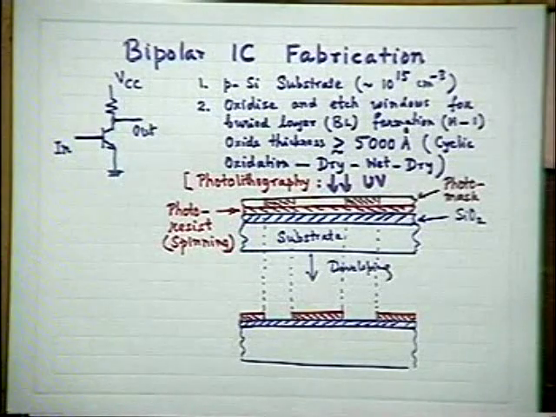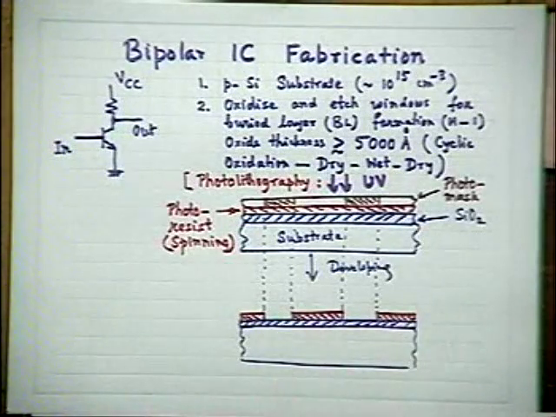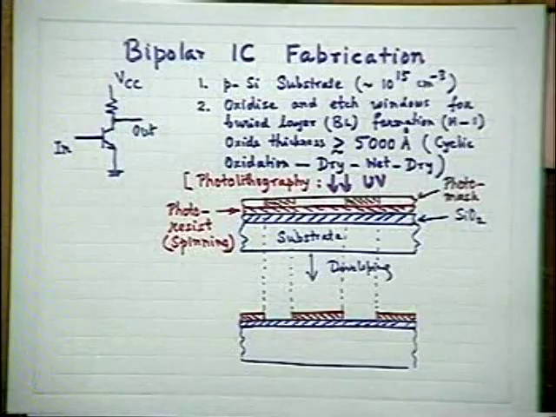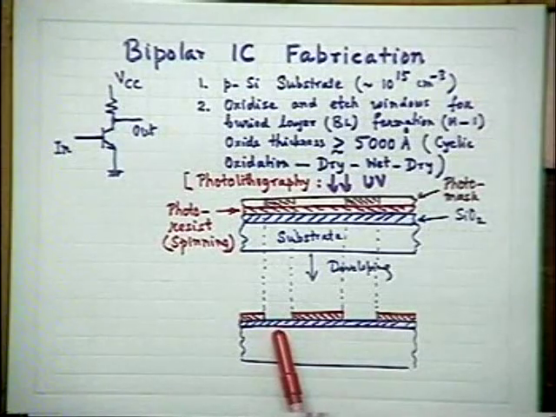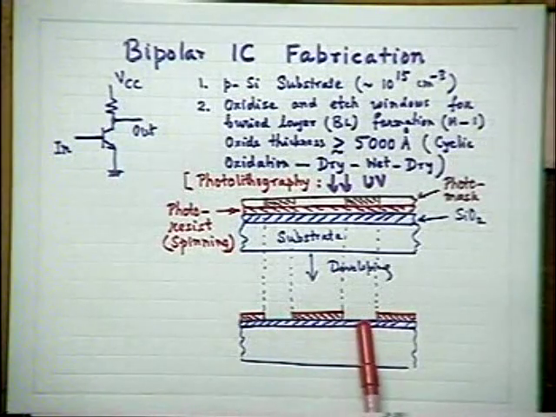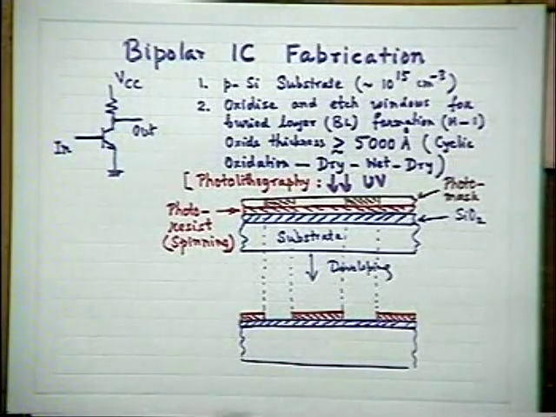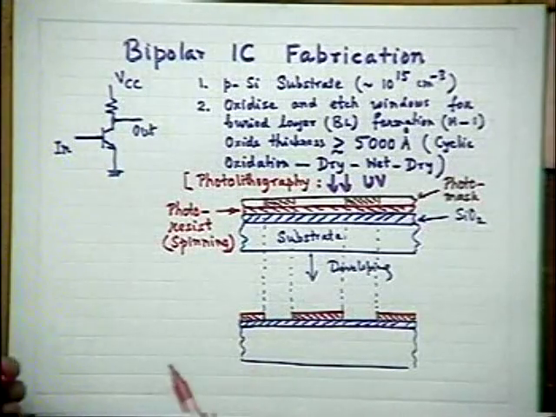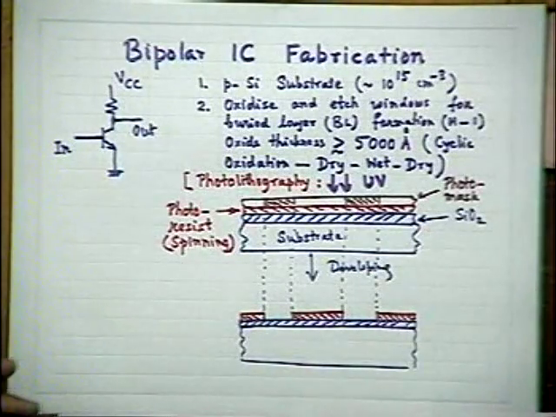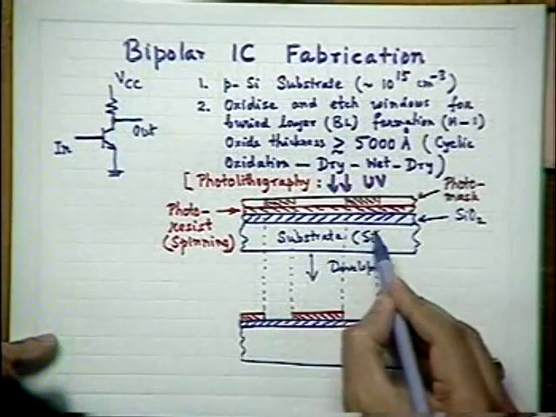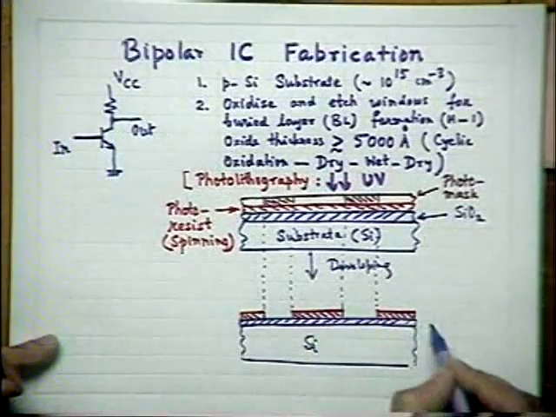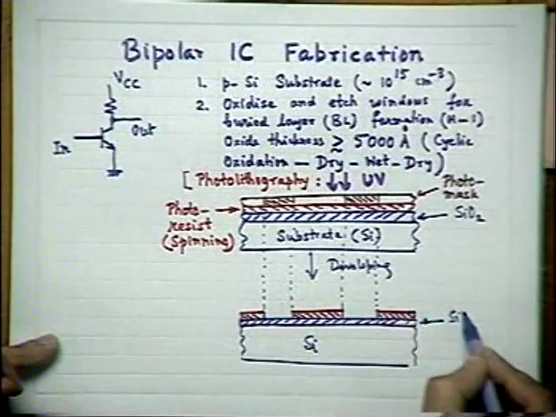Then what you do, you just etch it in a chemical or using a certain dry etching process, which will selectively etch the silicon dioxide without affecting silicon. Please remember, again let me write, that this substrate is usually silicon in silicon circuits. So this is all silicon, and this is silicon dioxide.